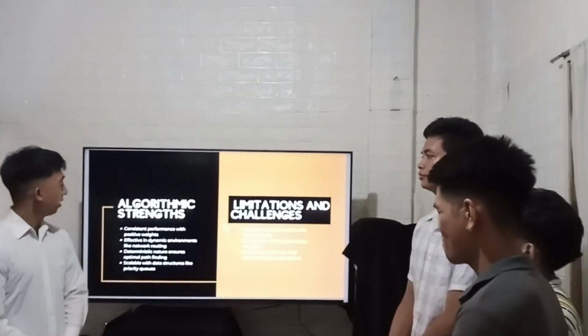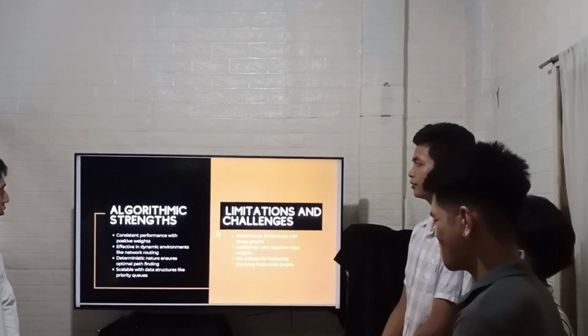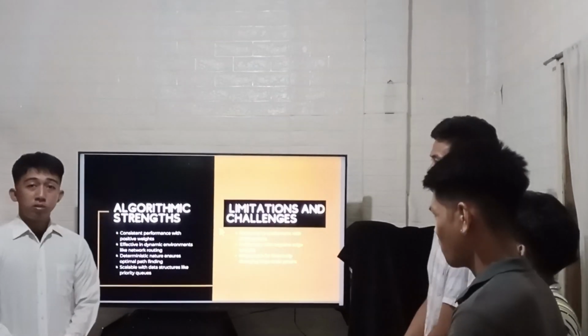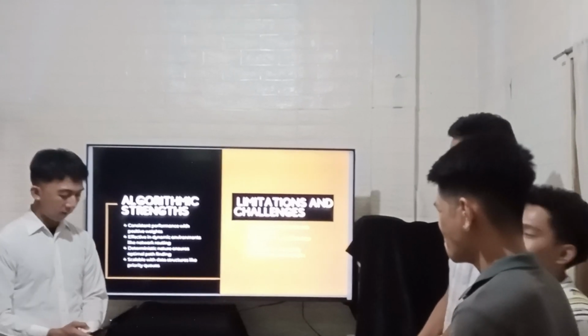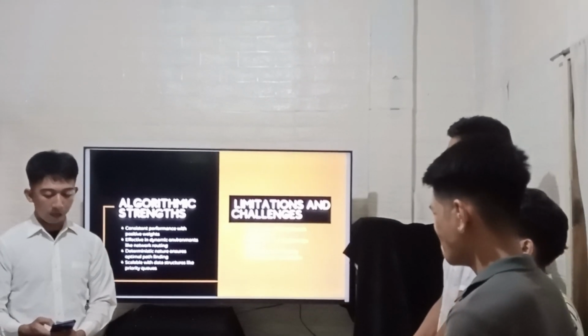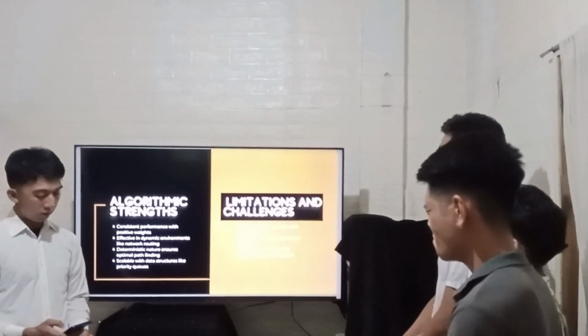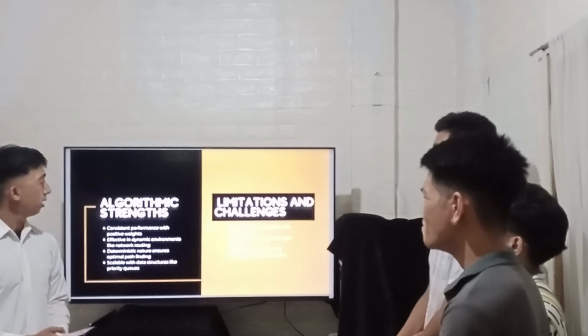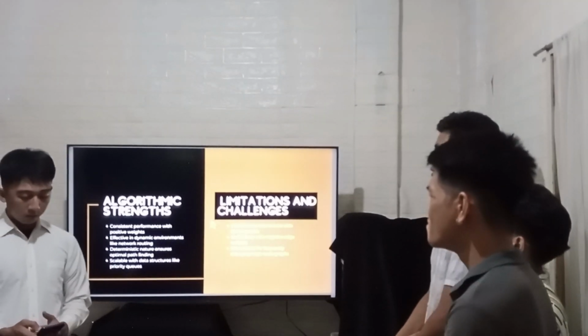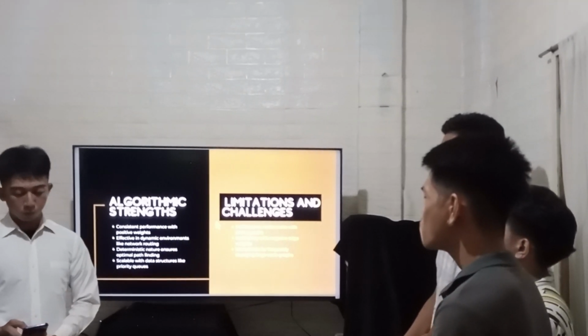Now, let's move on to algorithmic strengths. So, Dijkstra's algorithm has several strengths or advantages. It performs consistently well with graphs that have positive weights. This makes it effective in dynamic environments, like network routing, where it needs to find the optimal paths quickly.